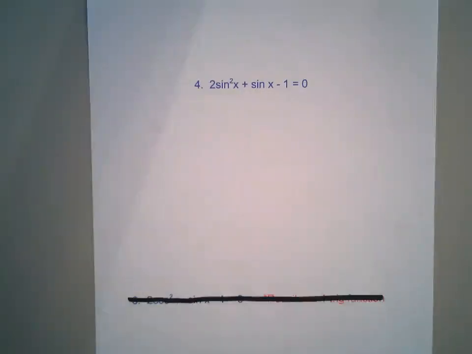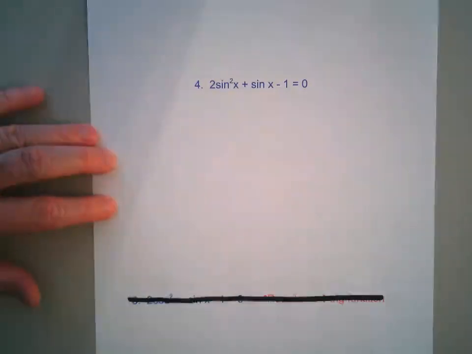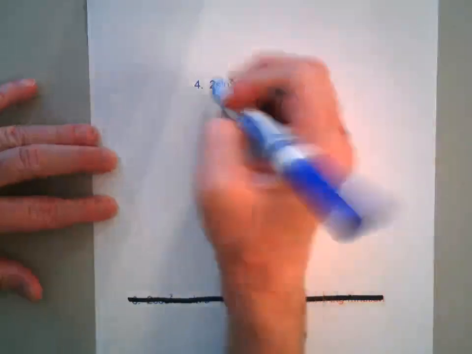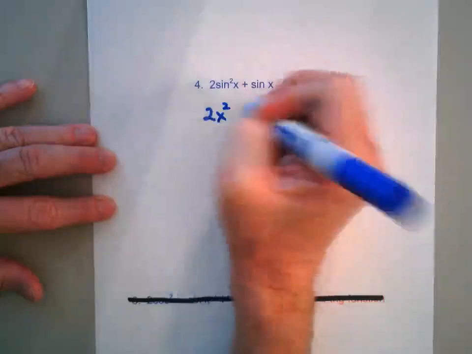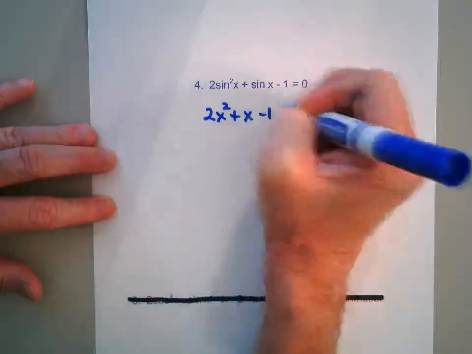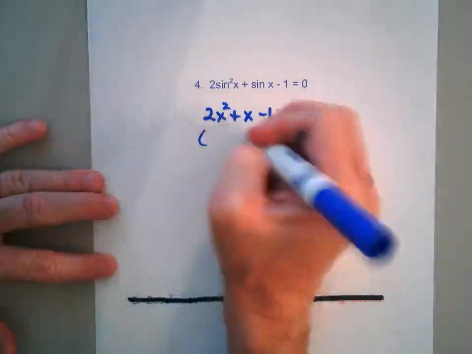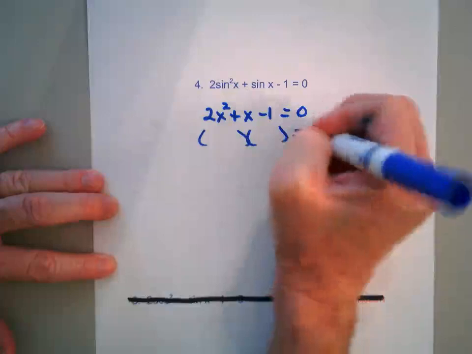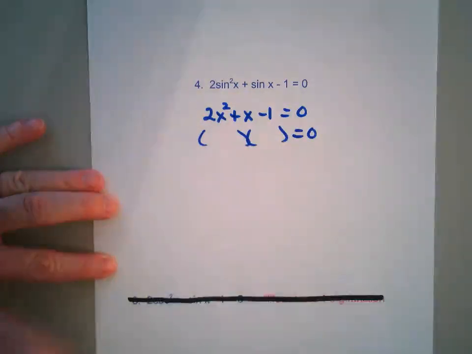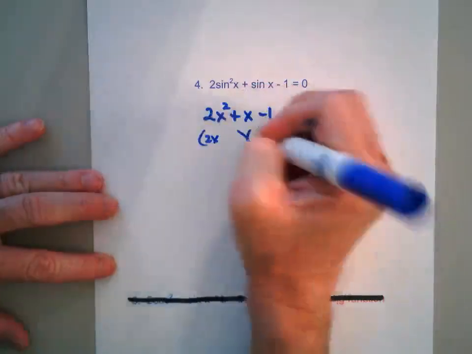All right, so you got a quadratic here. So I told you we're going to need to do some factoring. So just rewrite it without the signs. 2x squared plus x minus 1 equals 0. And factor. 2x, x.